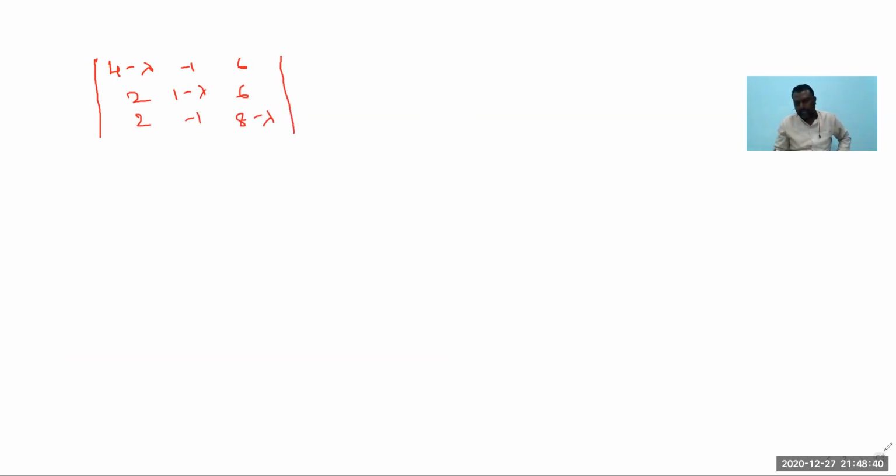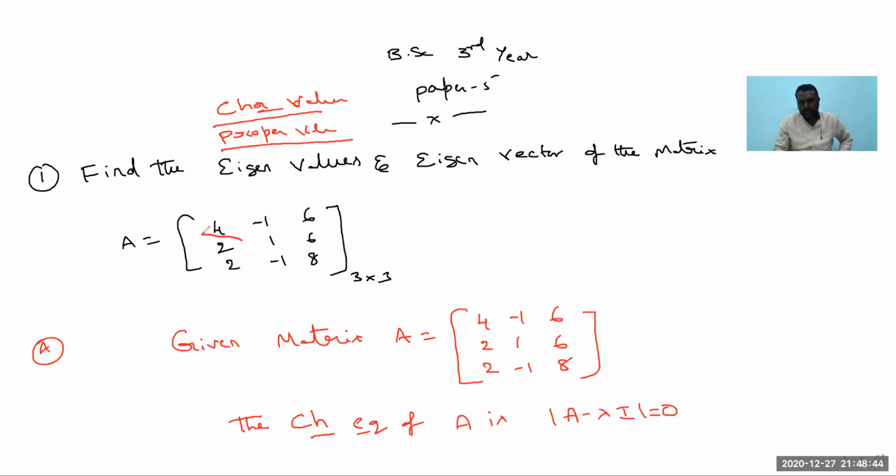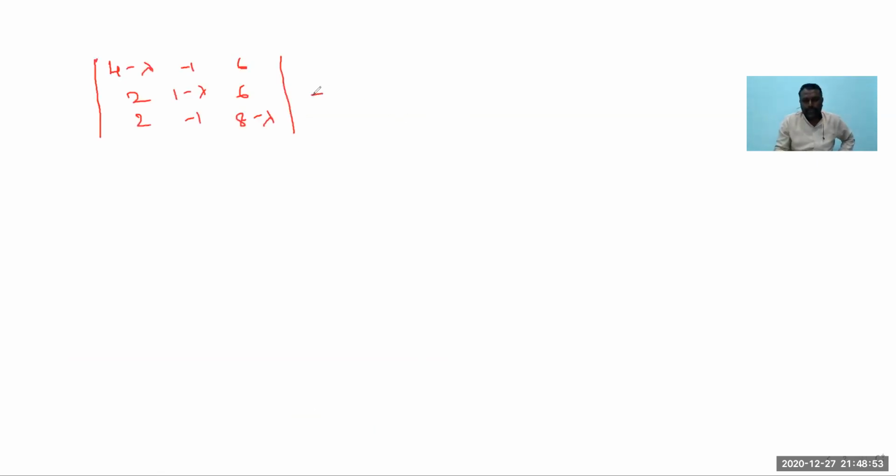Whatever the diagonal elements are, you subtract lambda from them and write the determinant, equal to 0.